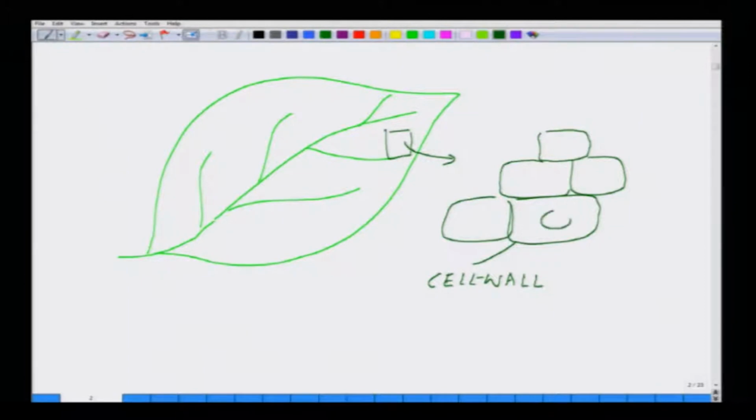So this is the nucleus, and then you have certain structures, which I am putting in red. These are those small structures which are called your plastids, which are basically holding your light trapping machinery.